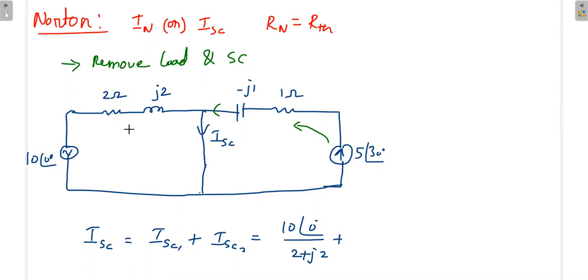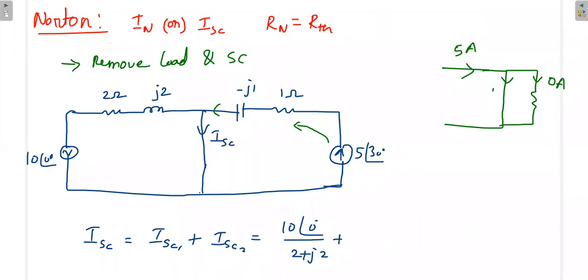Once you apply the current division formula, for example, if you have 5 ampere total current, and one short circuit path and one resistance, then here no current will go because this is short. So the entire current will come across this terminal.